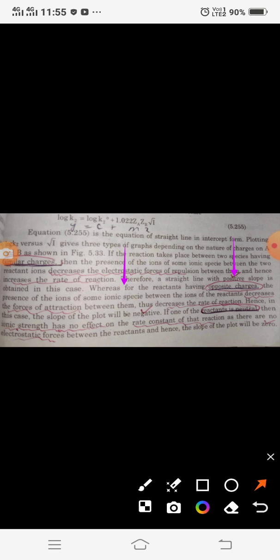It means that the rate of reaction will decrease because their force of attraction will be decreased by the presence of the ionic species. In this way the force of attraction between them decreases and results in a decrease in the rate of the reaction, and hence the slope obtained will have a negative value.